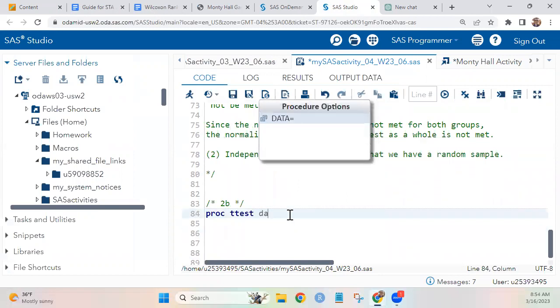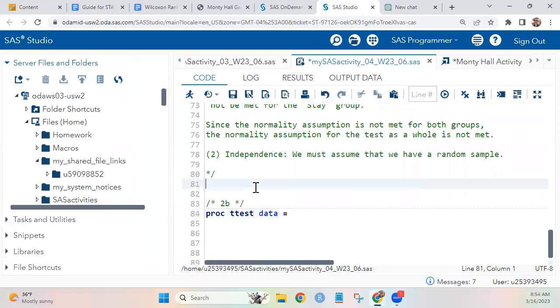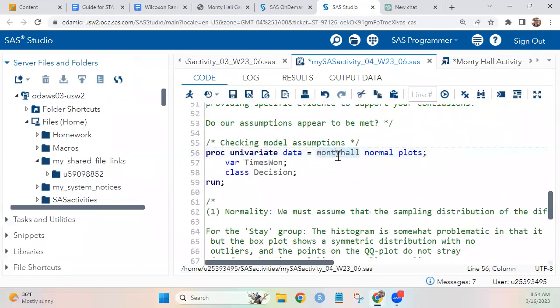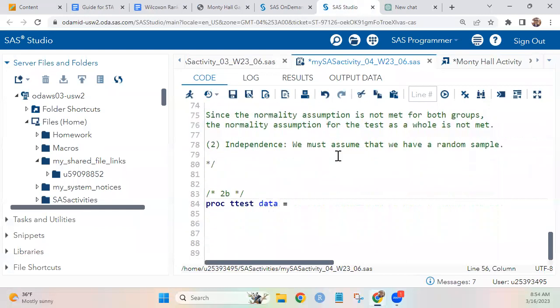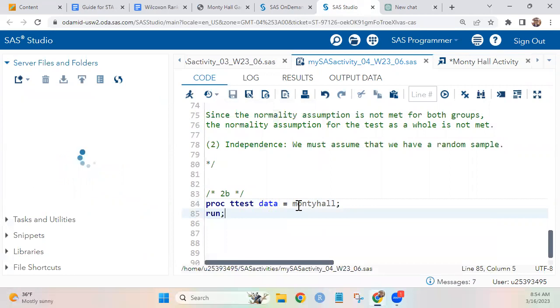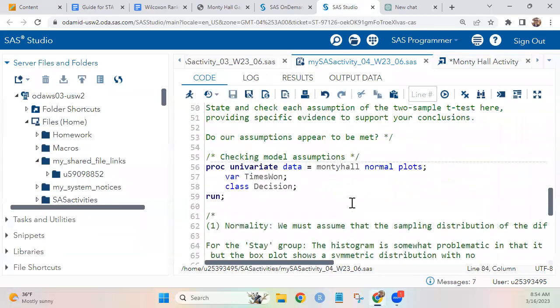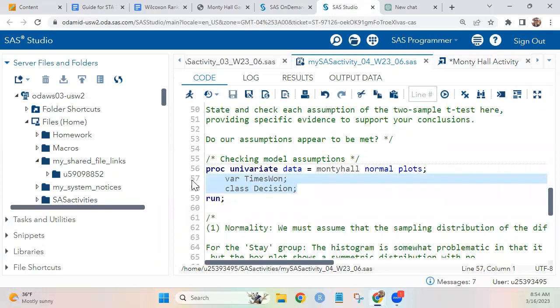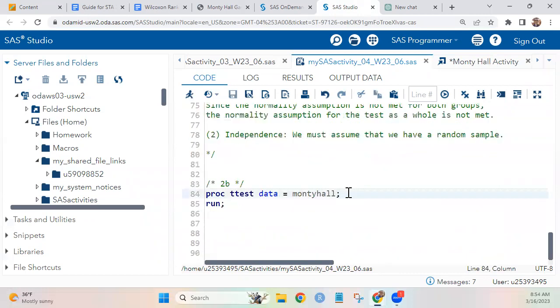Data equals Monty Hall. We specify the response variable using a var statement, just like we did in proc univariate, and the grouping variable determining the two groups using a class statement. Just like that.